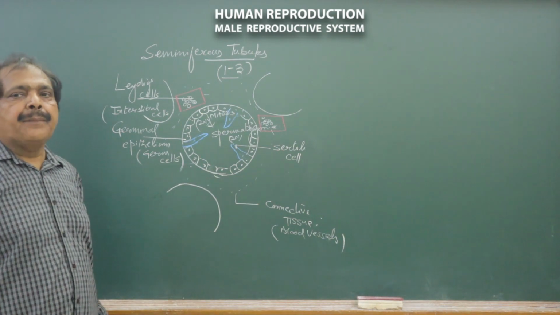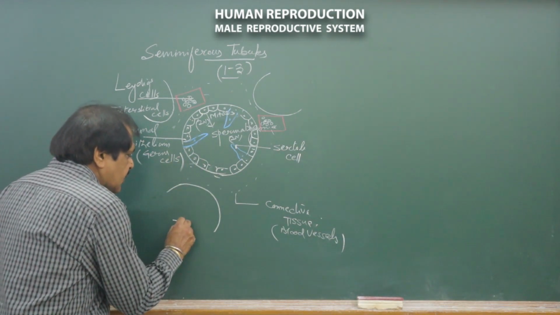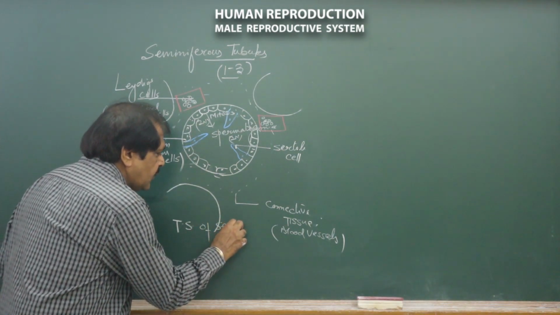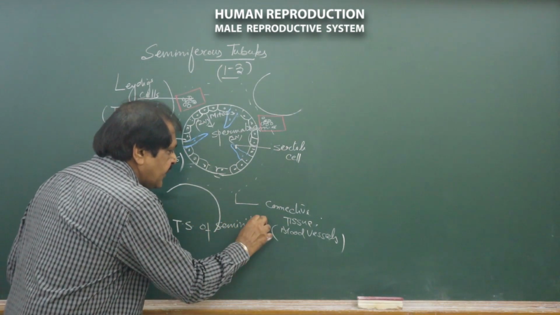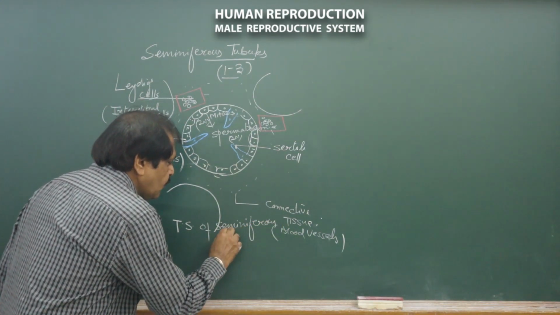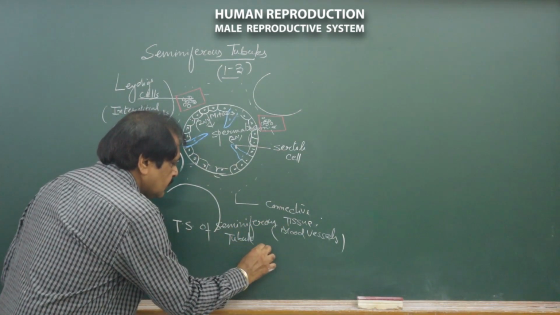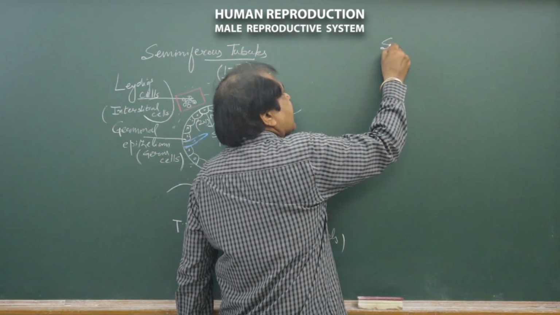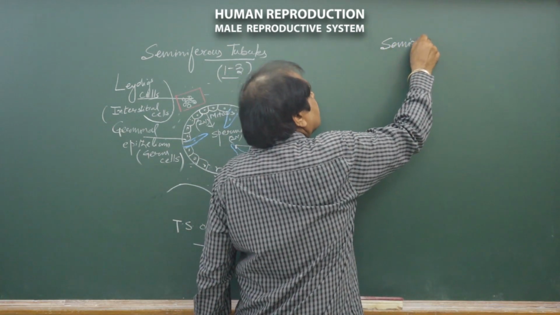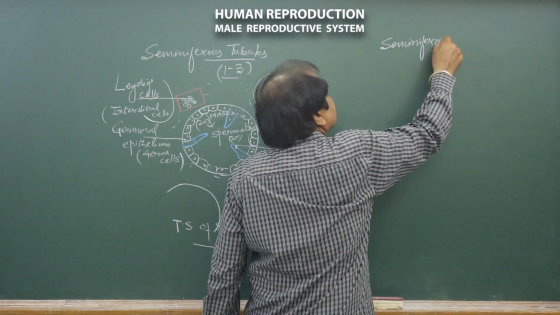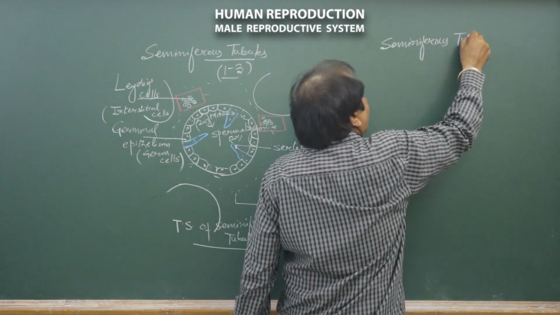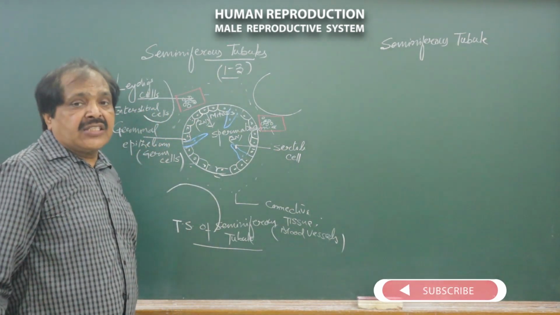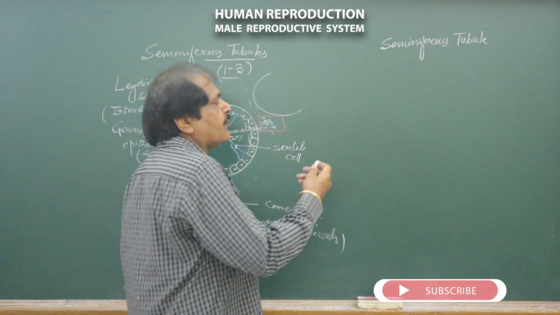Now we write some important points. This is the transverse section of seminiferous tubule. Now let us discuss the important points. These are the seminiferous tubules.